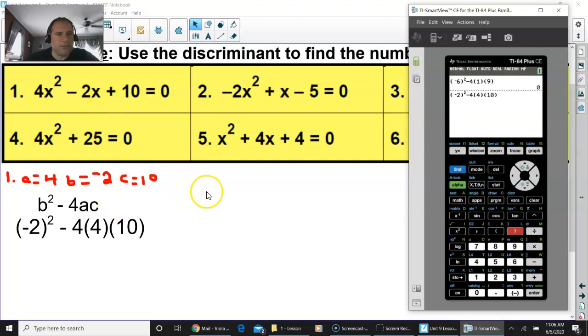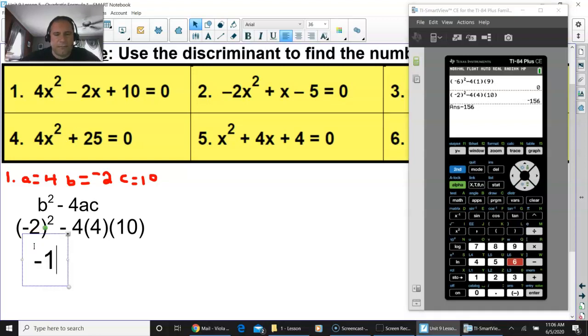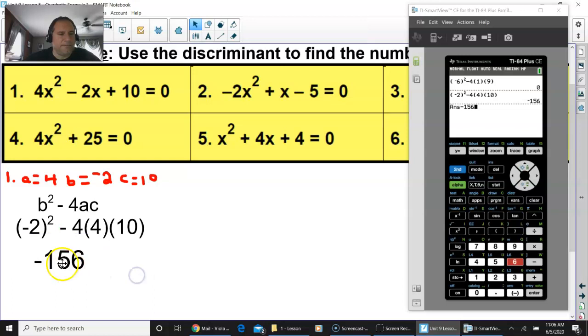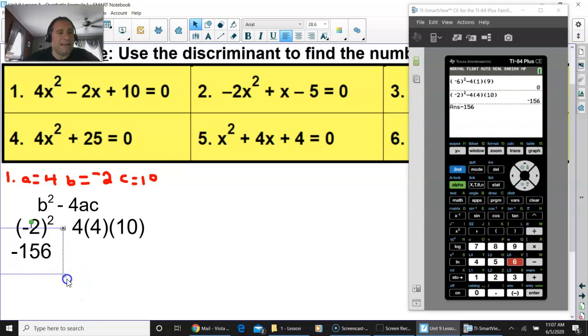So that's all correct, and now I'm going to press enter, and I have -156. And you know that -156 is no solution, right? If it's negative, that means it is no solution.